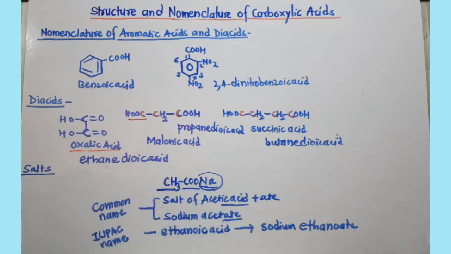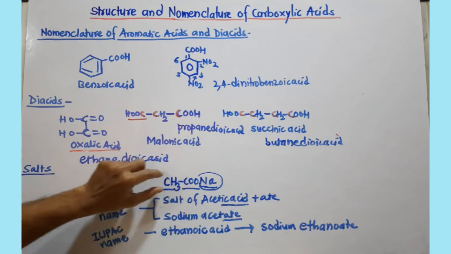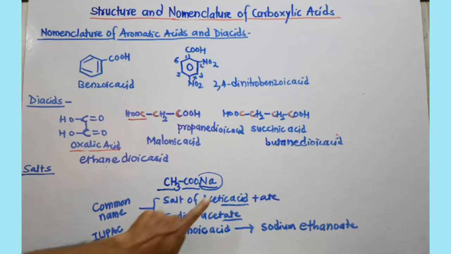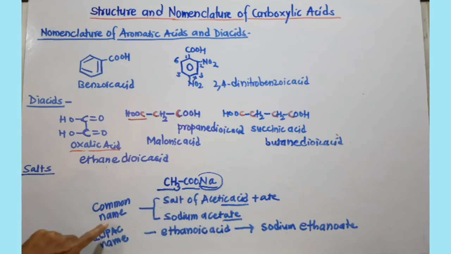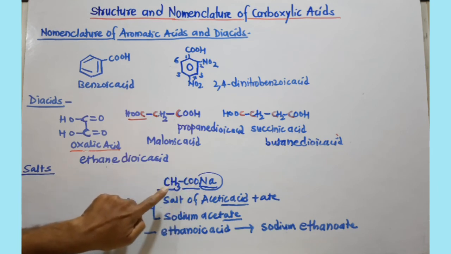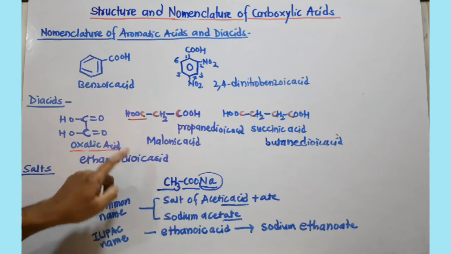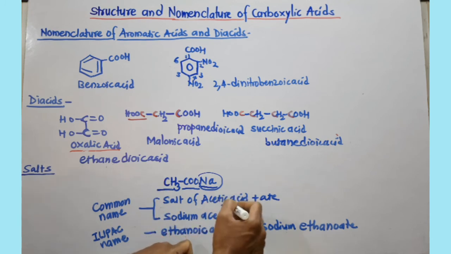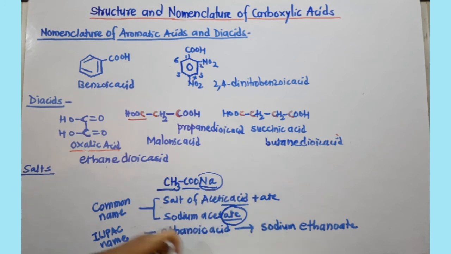If you are using the common name for the remaining portion, I mean from which acid it is derived, the sodium is written first. Then you use the common name of its acid, that is acetic acid. From that common name you replace the IC acid part and join the ATE part. So the name of this salt is sodium acetate.